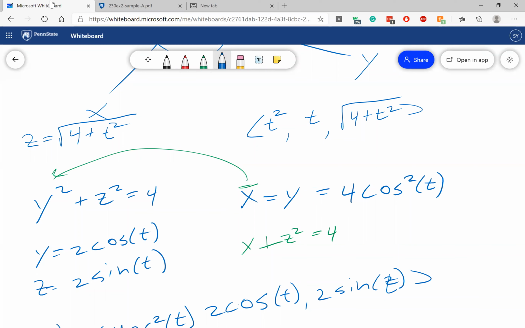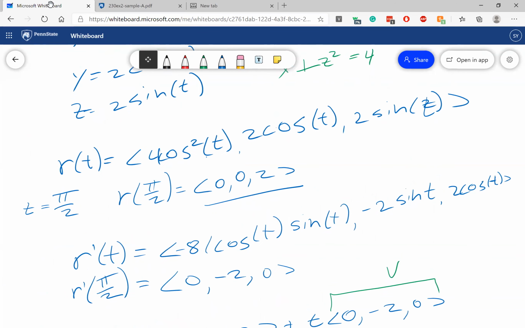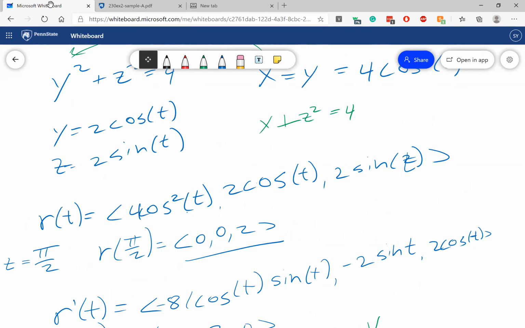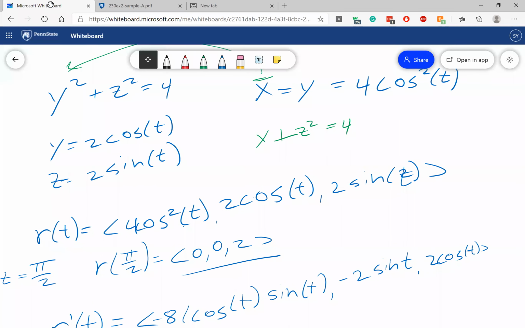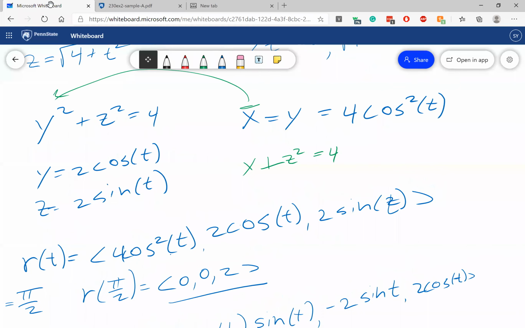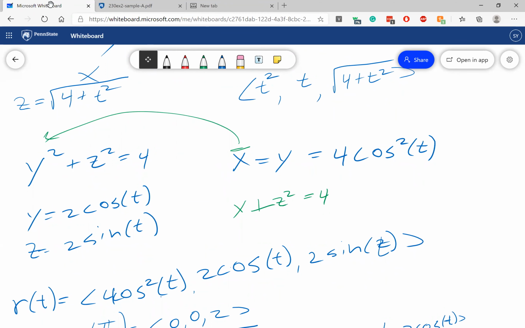Okay, so now where were we? We wanted to find the point (0, 0, 2), which for t would be t equal to 0.